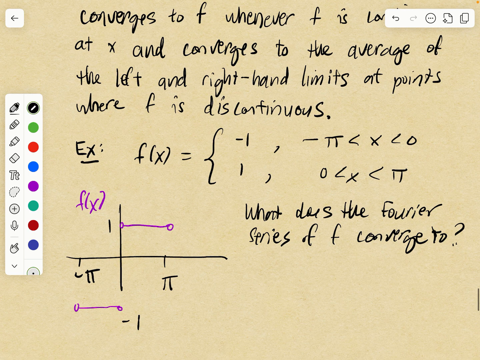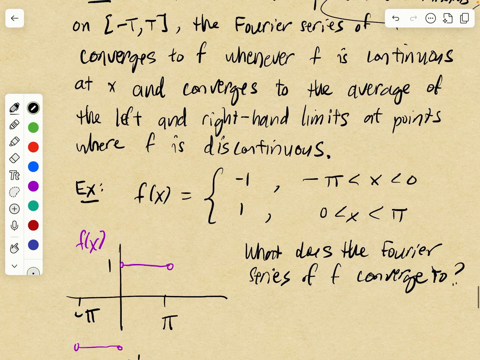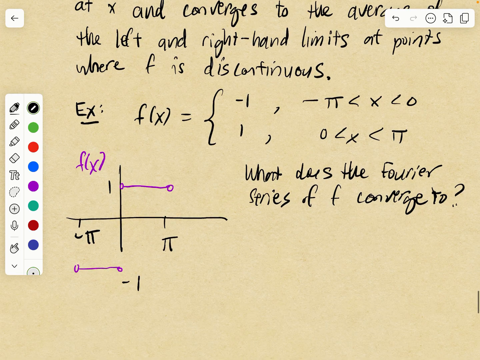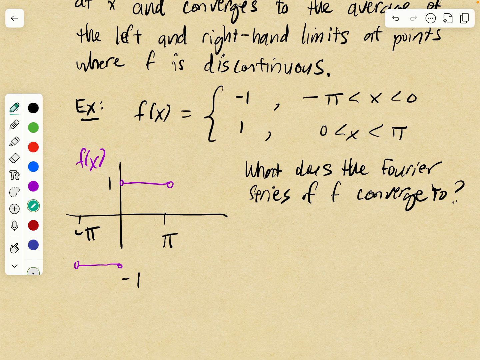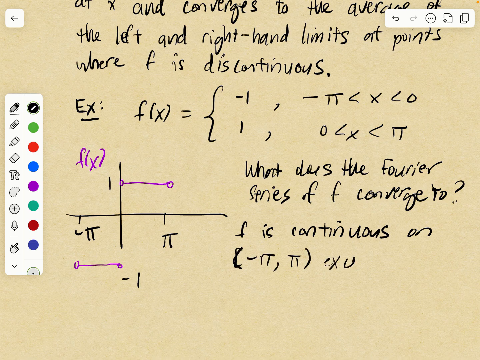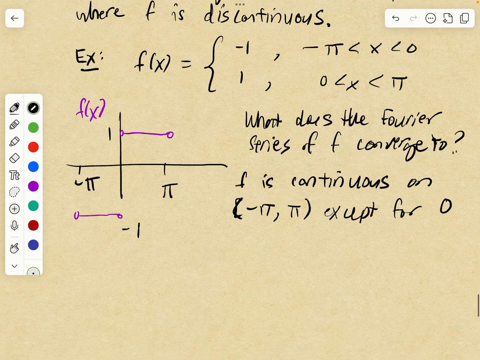Well, the theorem says that we have to look at where the function is continuous. So where is this function continuous? Well, f is continuous on the interval from negative pi to pi, except for 0, because the function isn't defined at 0 and there's a jump discontinuity, right?